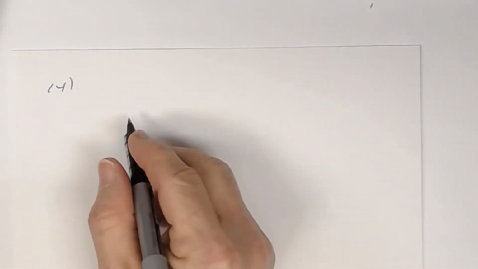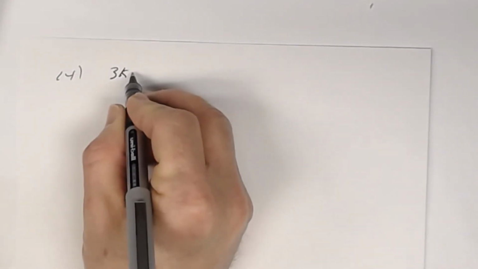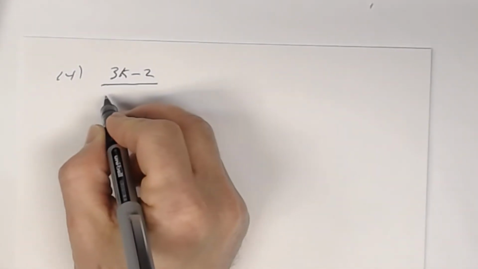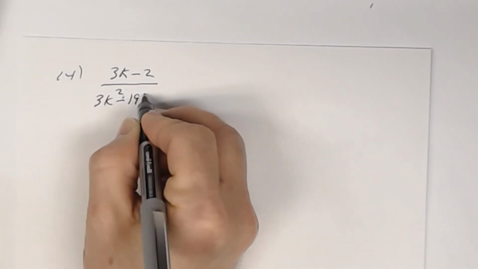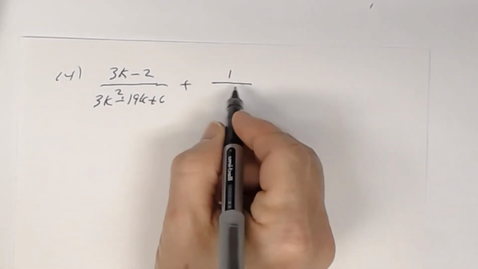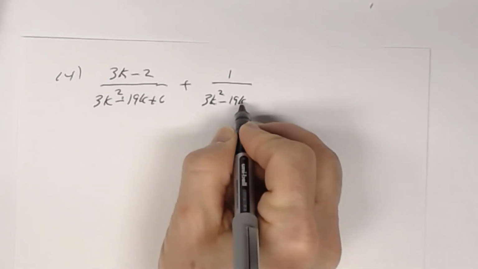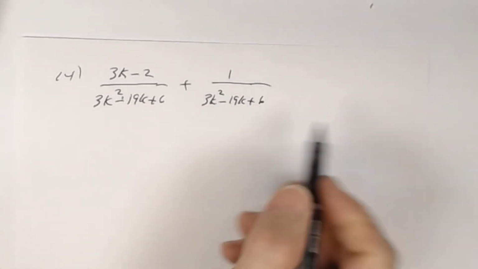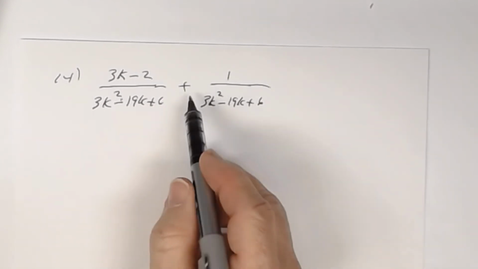14, again, it did say no work necessary, but we all know we have to do some work there. So you have 3k minus 2 divided by 3k squared minus 19k plus 6, plus 1 divided by 3k squared minus 19k plus 6. All right, so again, notice I'm adding two rational expressions whose denominators are the same.